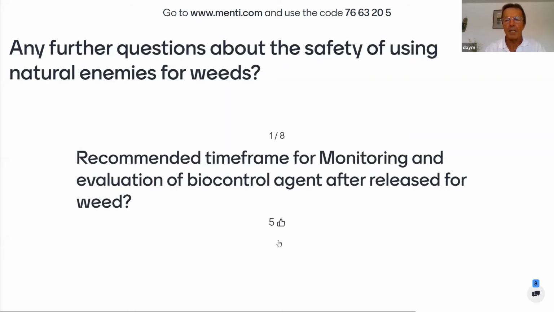We're talking about releasing things which have co-evolved with their target weed, and the testing shows that they are not going to attack other plant species. So I think we need to make that distinction between a co-evolved natural enemy found on the plant versus something which was known to be a generalist, such as the examples that was mentioned on Monday, or sorry, Tuesday, or Monday for some.